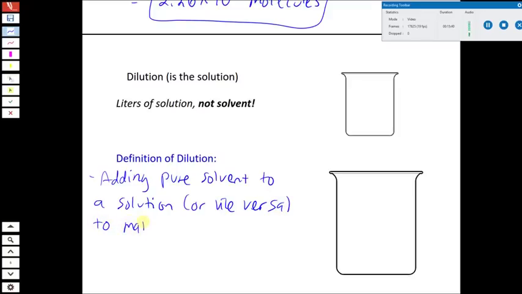And what we do in this case is make a solution that has a lower concentration, okay? Because we're adding more solvent to the mixture, so the volume of the solution is going to increase. We have the same number of moles, and so moles over liter, that ratio then decreases, okay? So we're going to make a lower concentration of solution.